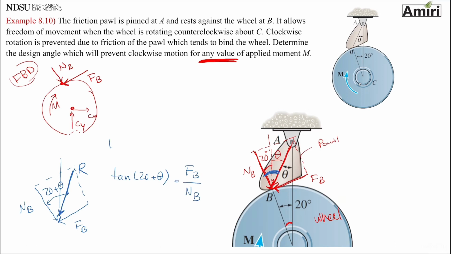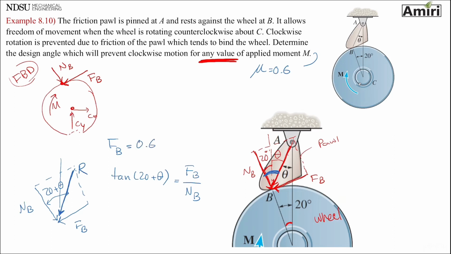For impending motion, I can write FB equals mu NB. Do I have the mu, or is the mu not given? Okay, I think that the mu should have been somewhere, but it's a typo. So take mu as 0.6. All right, there we go.